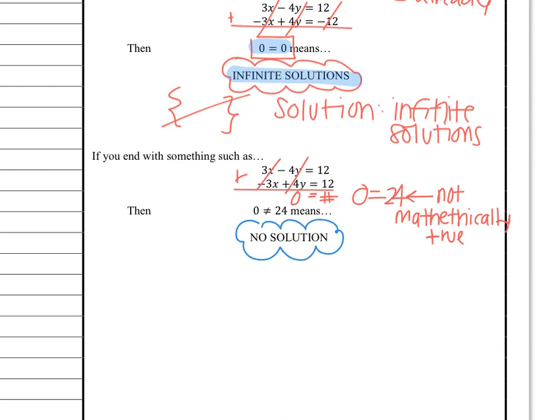So if you end up with 0 equals a number other than 0, then no solution. Okay, so infinite solutions is when you have 0 equals 0. 0 equals some other number is that there's no solution.